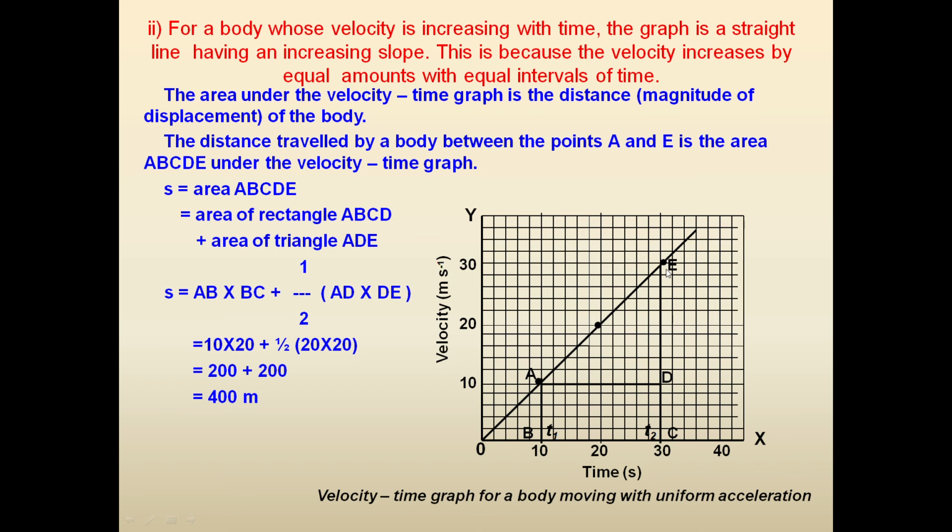Here E point is 30 and this point D is at 10. So 30 minus 10, it is 20 meter per second. So half into 20 into 20. So upon solving we get 200 plus 200, we are getting 400 meters. So this is how we calculate the area under the graph, and that area gives us the distance covered.